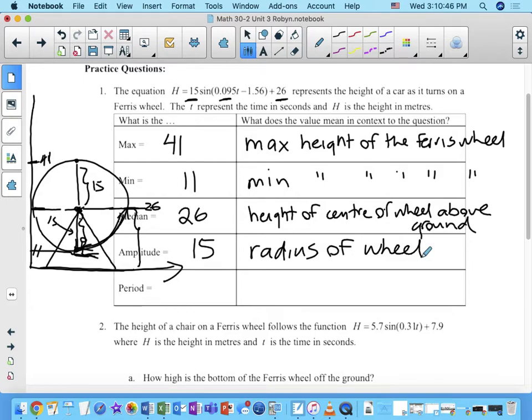What is the period? Or how would you figure it out? Yep. How'd you get 30? Ooh, it's not related to any sort of heights. It's related to this guy.